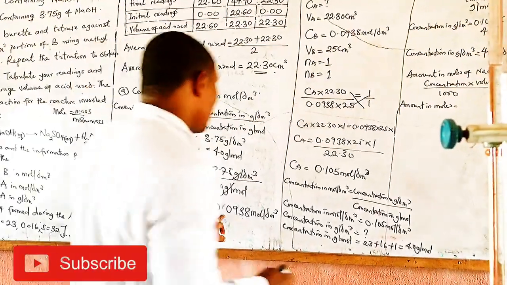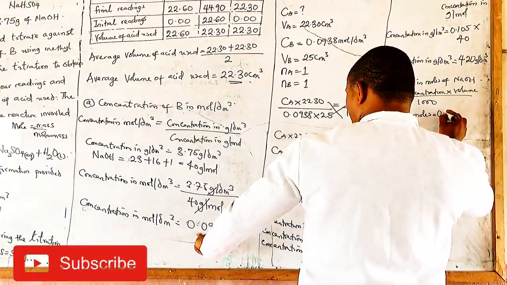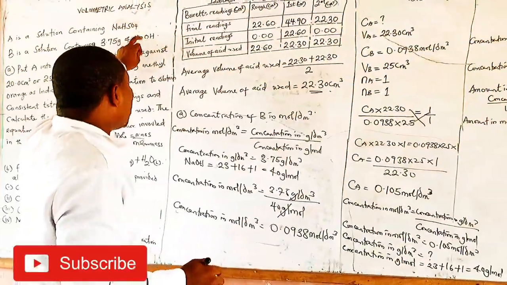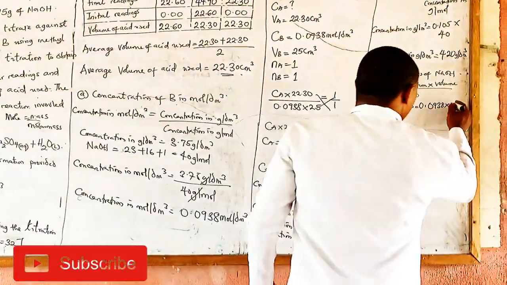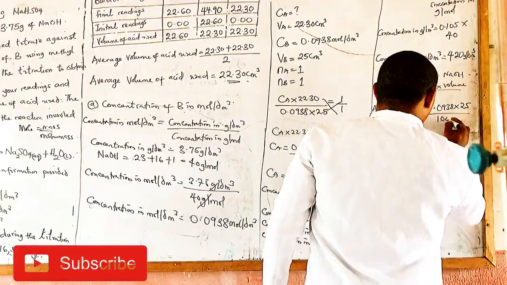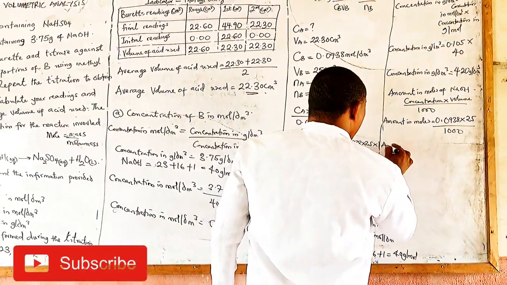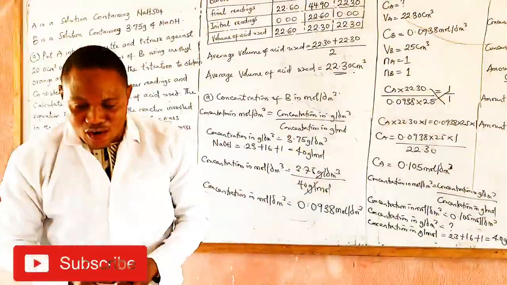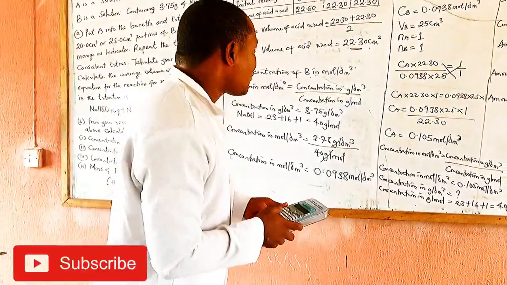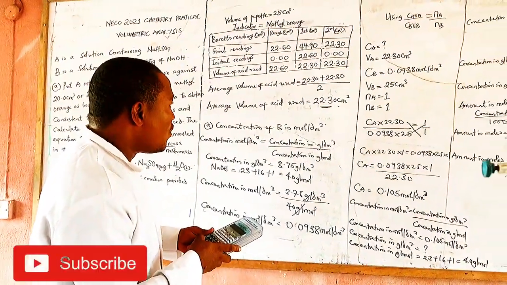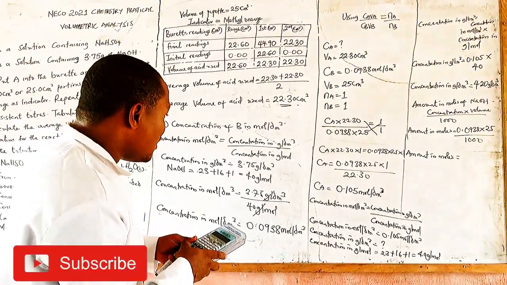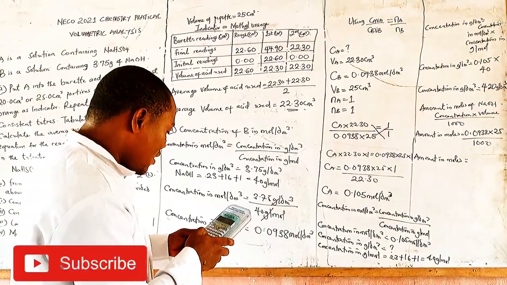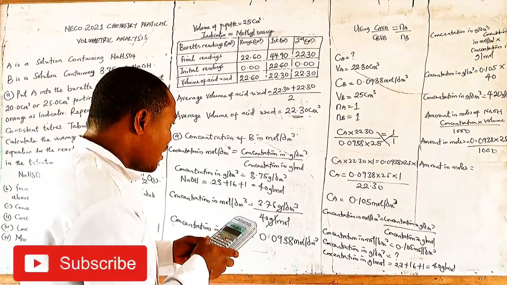So this is 0.0938 times, what is the volume of sodium hydroxide pipetted? That's the base, don't forget. So that's 25 over 1000. So my amount in moles equals 0.0938 times 25.